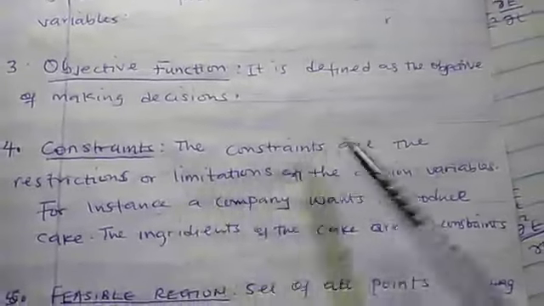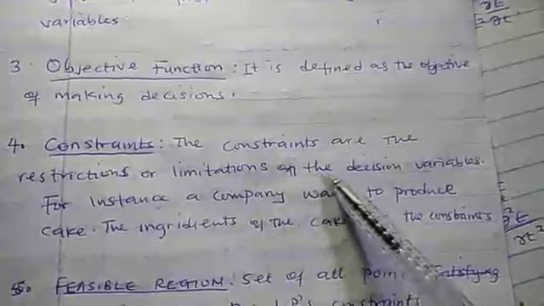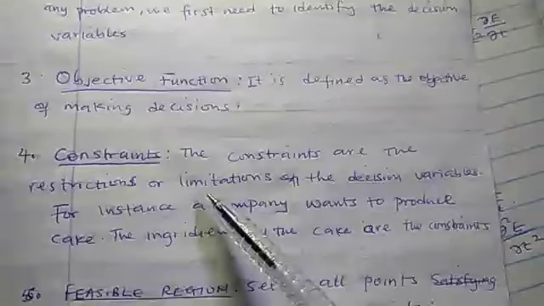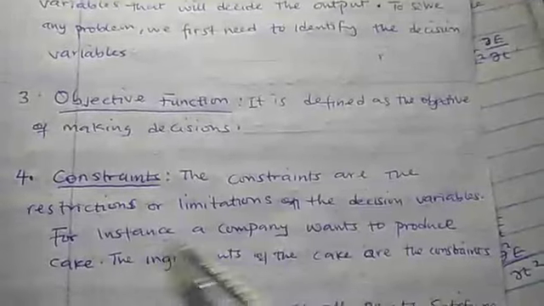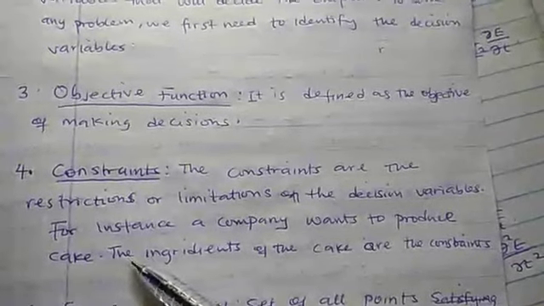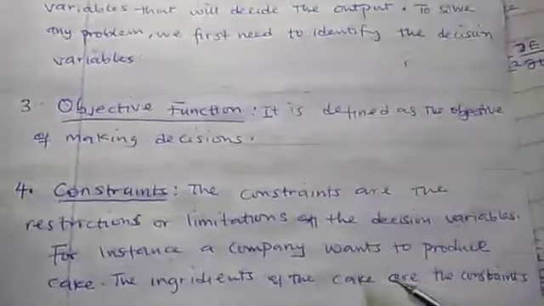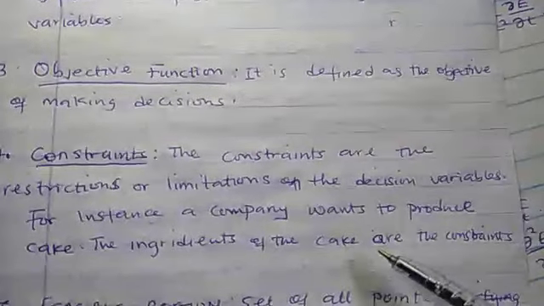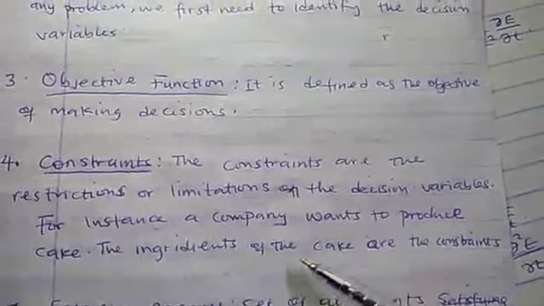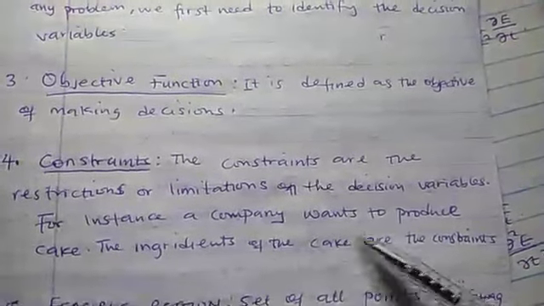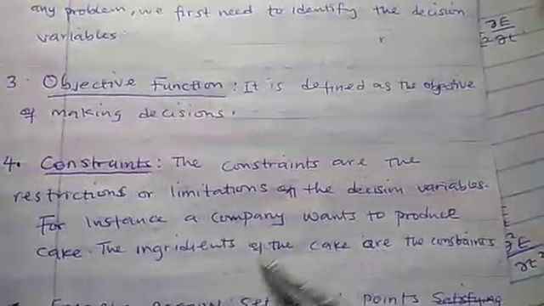Another one is constraints. Constraints are the restrictions or limitations on the decision variables. For instance, a company wants to produce cake. All the ingredients used to produce the cake will be constraints. Not only that, the time in producing it and how much we spend buying the ingredients are constraints.